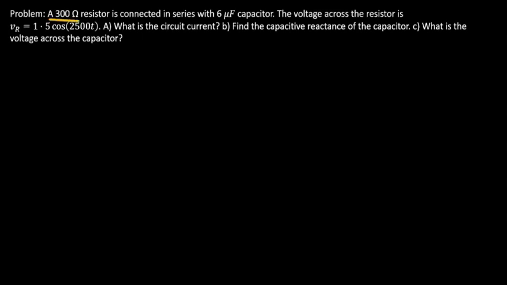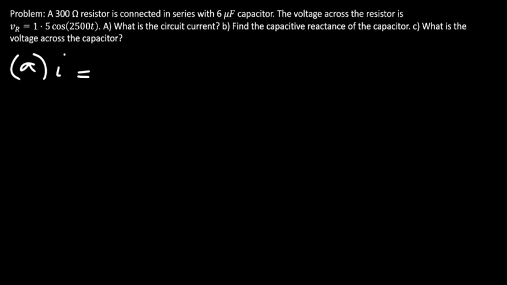A 300 ohm resistor is connected in series with a 6 microfarad capacitor. The voltage across the resistor is given by that expression. What is the circuit current? The circuit current, as we have seen before, must be in phase with the potential difference across the resistor.